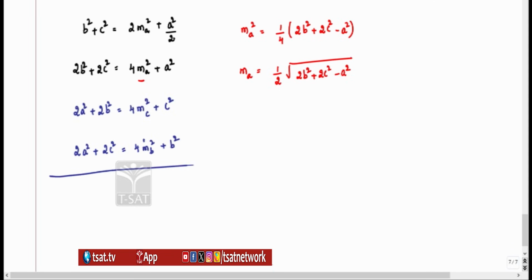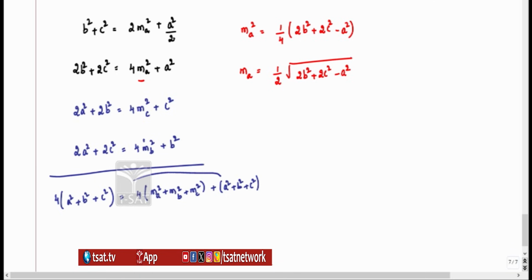If you add all of them, I will get 4 into a square plus b square plus c square is equal to 4 into ma square plus mb square plus mc square plus 1 time of a square plus b square plus c square.